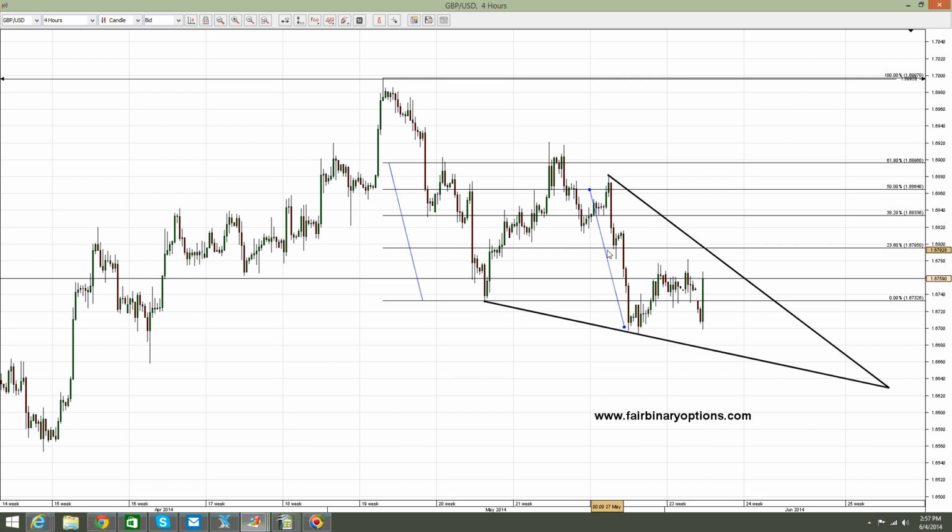In this case, and only in this case, the first wave is considered to be extended.